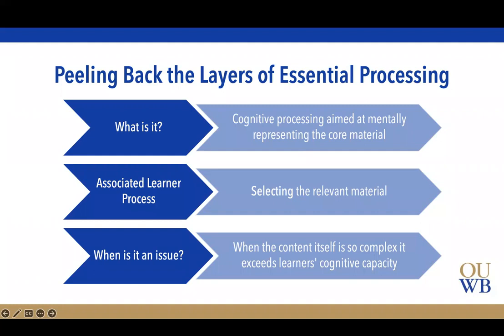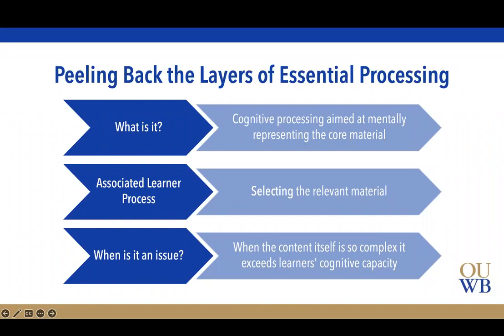So again, that's where today's strategy is going to come into play. This becomes an issue when the content itself is so complex that it's exceeding learners' capacity. So the solution to addressing too much essential processing is to use techniques that manage content complexity.